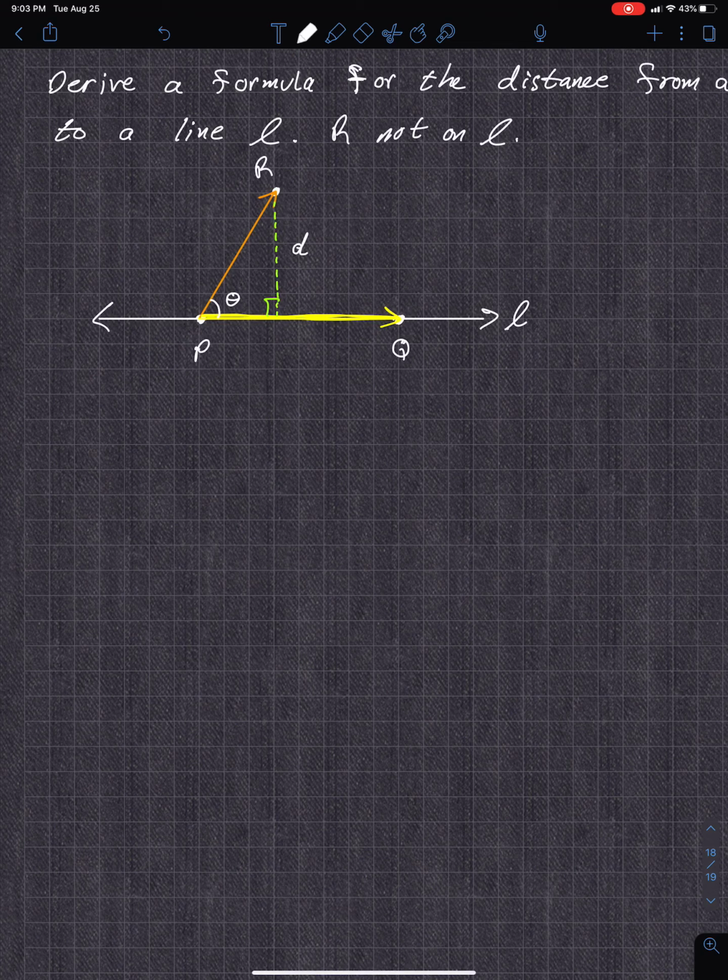And what's the trig formula to find D? Sine, cosine, tangent?